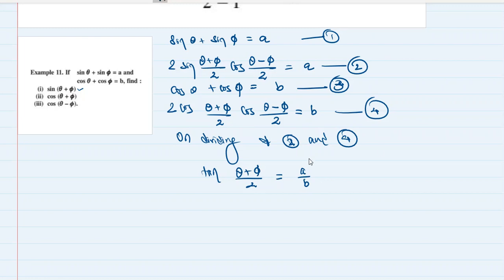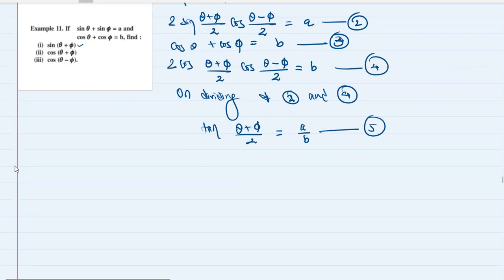Okay, and you name this as equation number 5, and you will be surprised to know where we are going to use it. Now remember one formula which we have already learned. Sine of theta plus phi is equal to, that's not a compound angle formula, that's a variation of a double angle formula. I'm just going to show you that formula, otherwise you'll get confused.